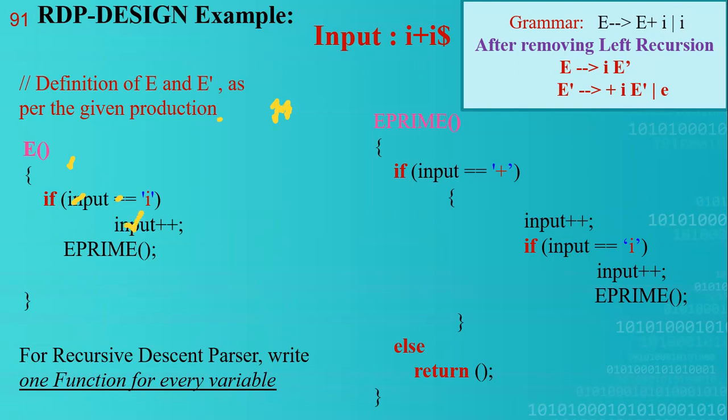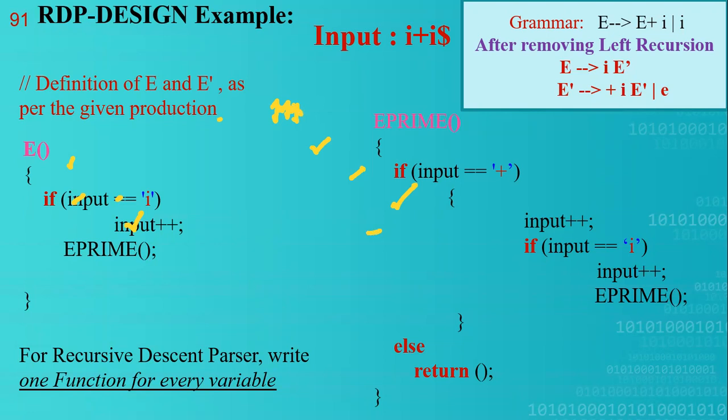Then again we check for a match, that is, input equal to plus symbol. Currently the pointer is pointing to plus, so again there is a match. Therefore we can move the pointer to the third location.